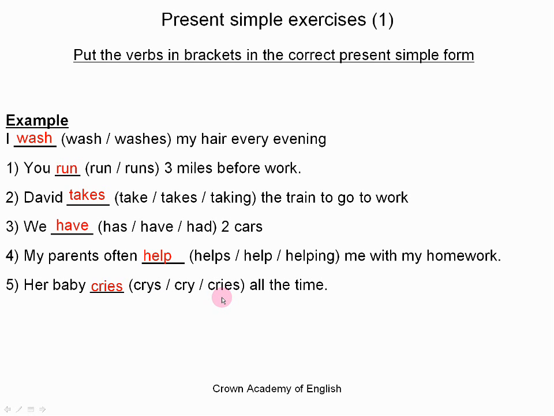And if you remember, this is the rule that we saw on, I think it was the second slide at the beginning of the lesson, where if the infinitive ends in the consonant and the letter Y, then remember we change the Y to an I and add ES. So that's why cries, C-R-Y-S, is wrong. Okay, so those are all the answers. So that was exercise number 1. Let's move on to exercise 2.